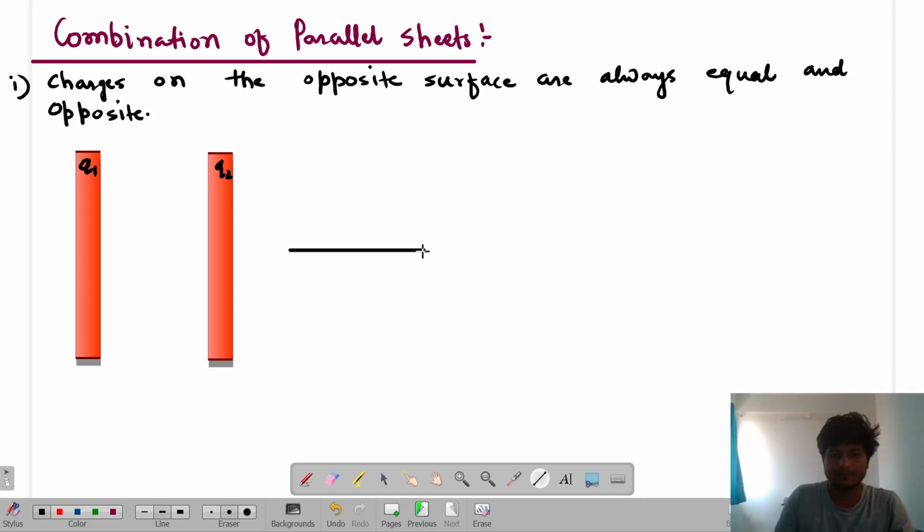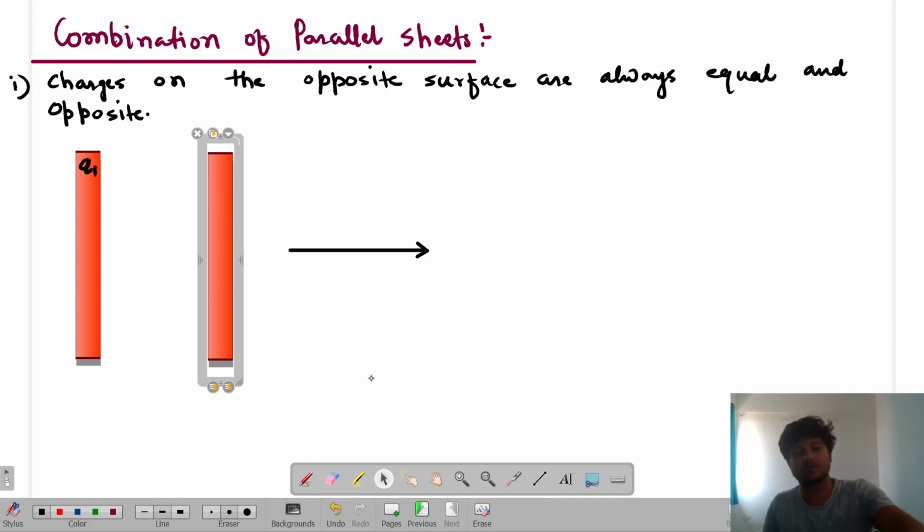Once again, I'll take these two plates. So try to see, what is the meaning of this? I'll try to make you understand.